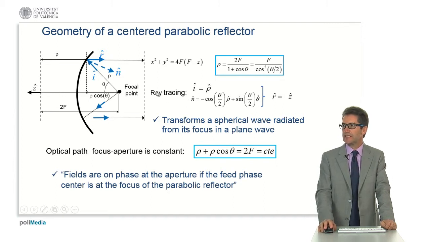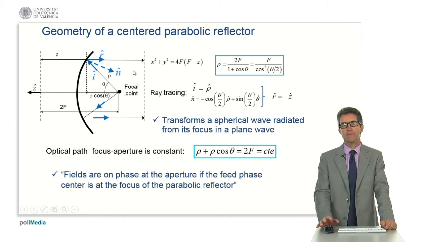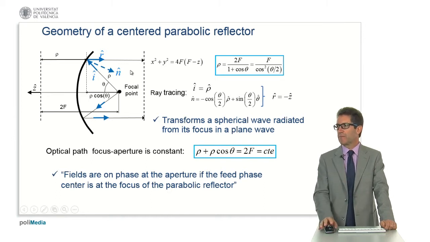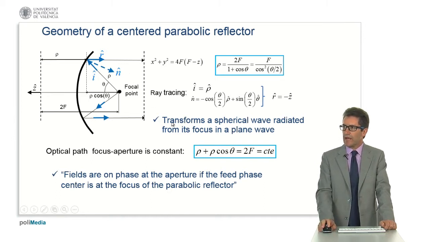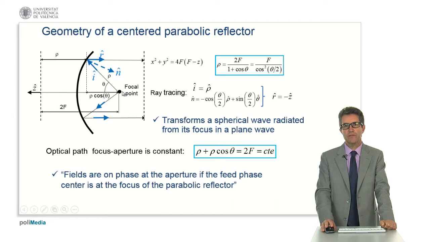According to this ray tracing, we can see that all reflected rays are horizontal, parallel, and become like a plane wave towards the aperture. So we can say that this geometry transforms a spherical wave radiated from its focus into a plane wave.